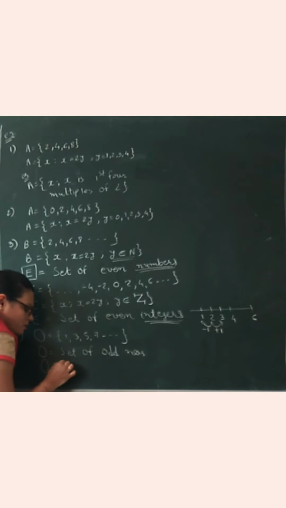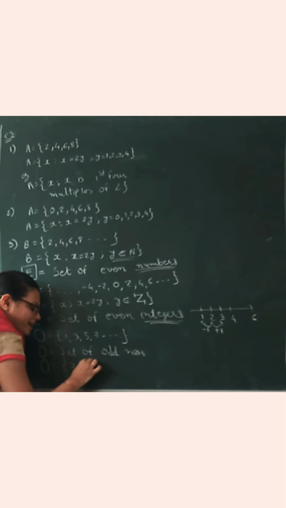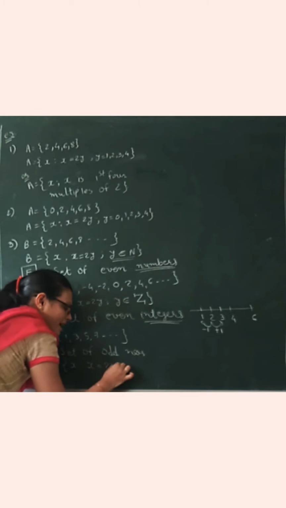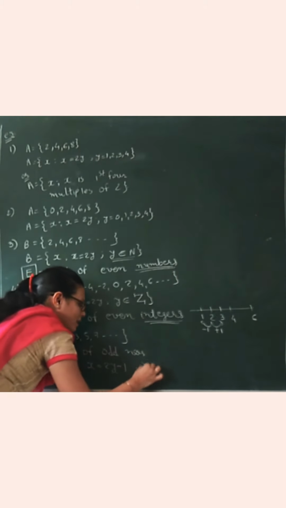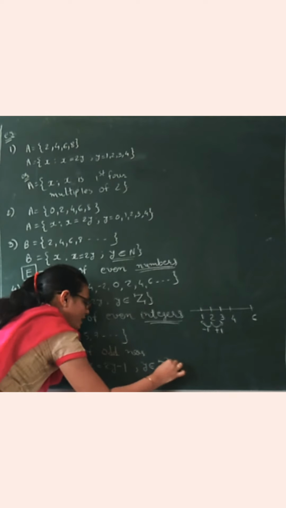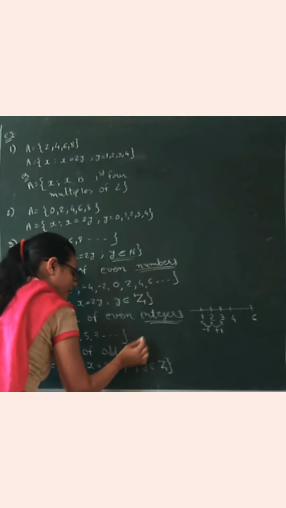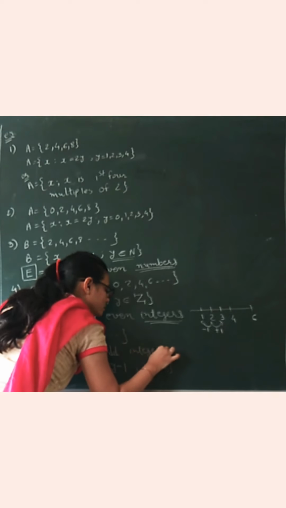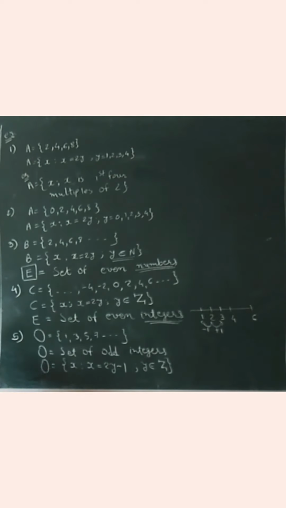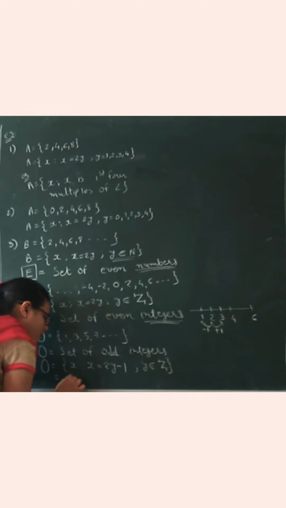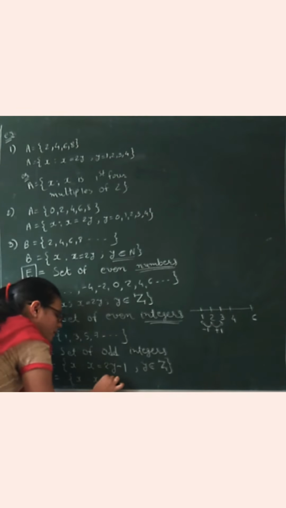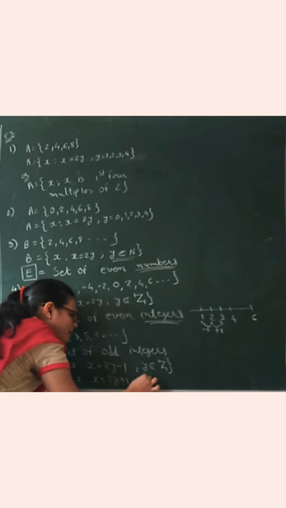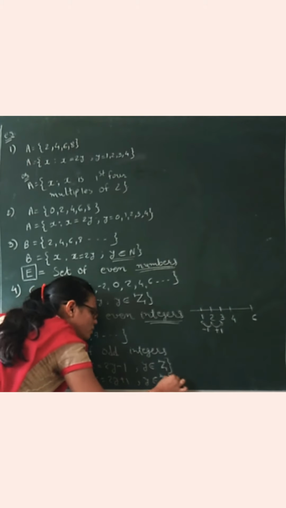So set of odd numbers is present in two different ways. O is equal to x, where x is equal to 2y minus 1. I can write y belongs to Z. Okay, I am here taking odd integers. minus 1 लेंगे तो भी चलेगा, otherwise you can take plus 1 also. There is a very minor difference between these two.